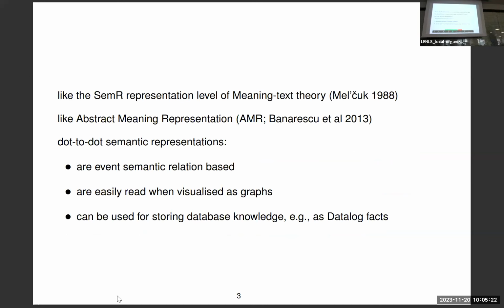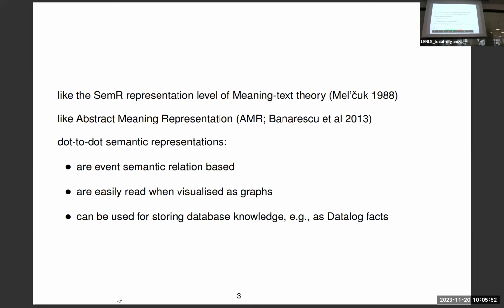Okay, so it's rather like the SEMR representation of Meaning-Text Theory by Mel'čuk. I don't know whether you are familiar with this, but it's very brilliant work. And a more modern or popular link is with Abstract Meaning Representation. So what is the link? All of these things are event semantic relation based.